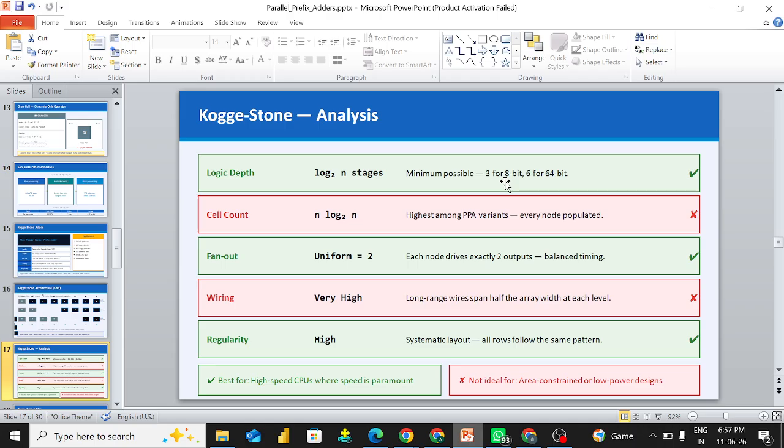For 64-bit, what were you doing inside a ripple carry adder? We need to wait 64 times, calculating carry 64 times. Whereas in this parallel prefix adder, the Kogge-Stone adder, you wait for around 6 stages, 6 tree levels.